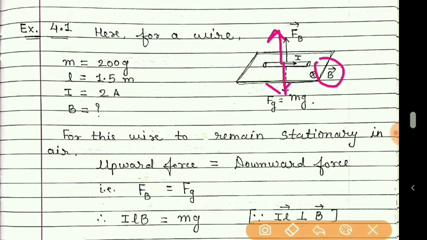And so if both these forces, that is gravitational force and magnetic force, are balanced, then the wire can remain stationary.